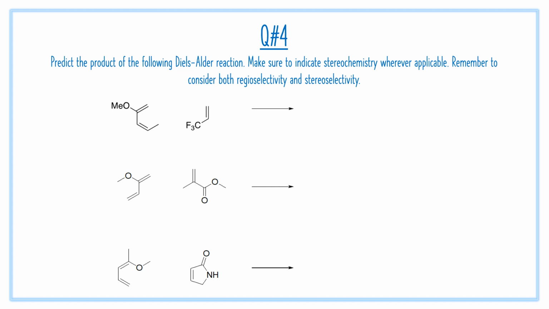So our first set of molecules, we're going to notice after making the resonance structures that the partial positive and partial negatives are right here, directly next to each other, and this electron withdrawing group of the dienophile is already puckered in, facing towards the diene.